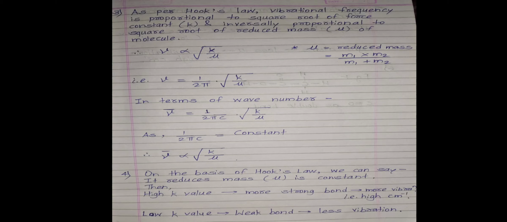Therefore nu bar is directly proportional to square root of k upon mu. Vibrational frequency is proportional to square root of force constant and inversely proportional to square root of reduced mass of molecule. This is the third point in Hooke's law.